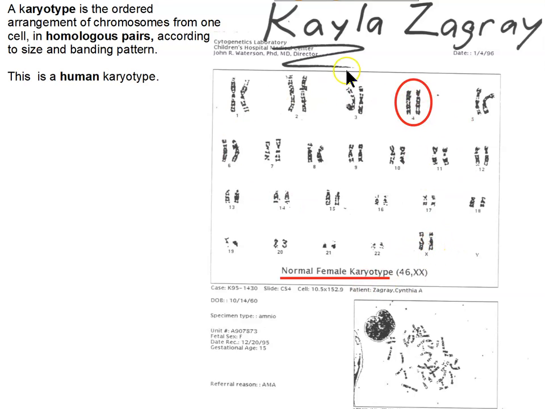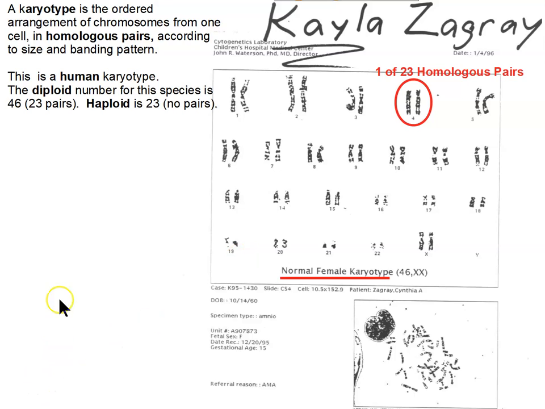All the other chromosomes are known as autosomes, the autosomes being all the chromosomes other than the sex chromosomes. Again, this is one homologous pair of 23. There are 23 homologous pairs of chromosomes here. So the diploid number for this species, humans, is 46, 23 pairs.